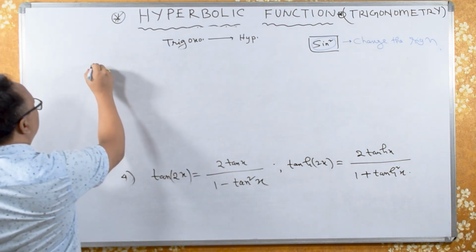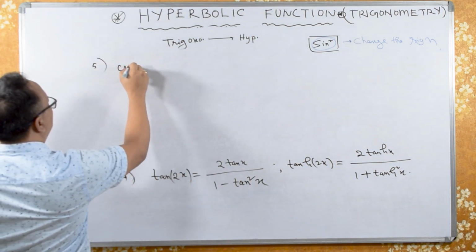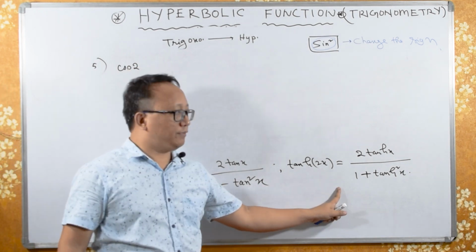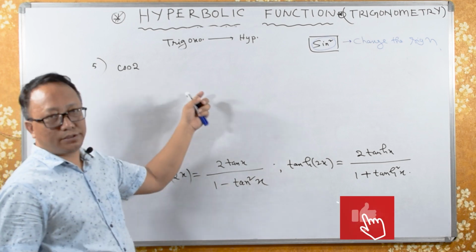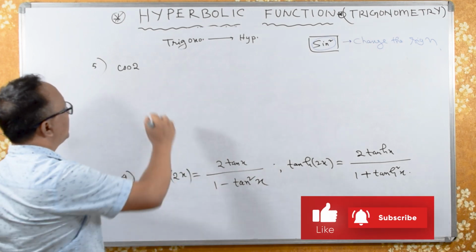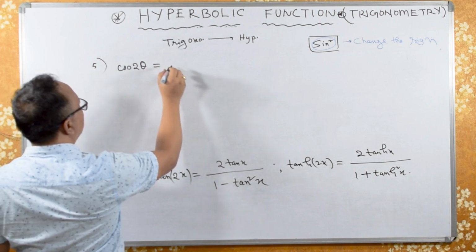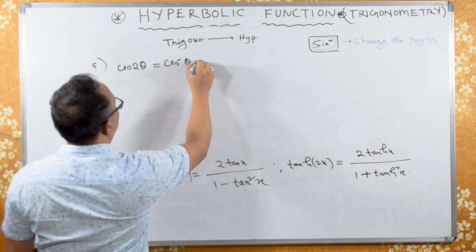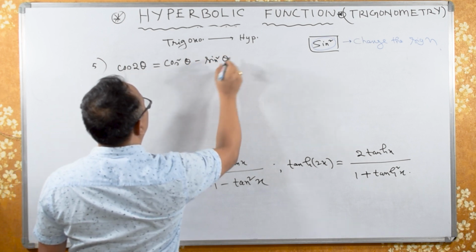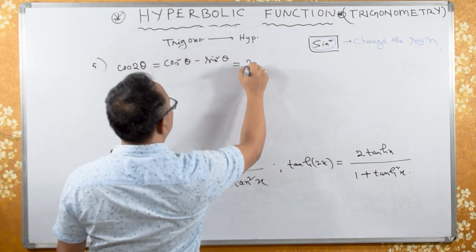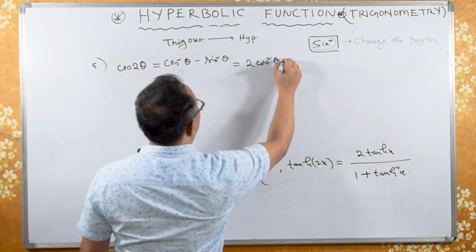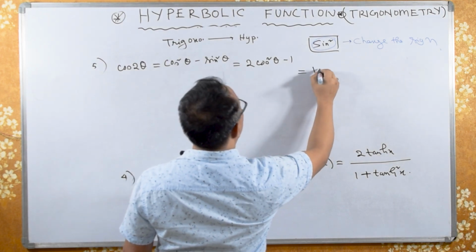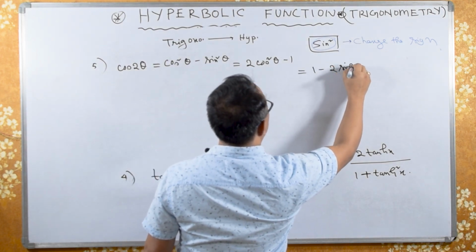Now the fifth: we have cos of 2 theta. x and theta are one and the same. If you want to write x, you can write x, or if you want to write theta, you can write theta. So cos of 2 theta is cos square theta minus sine square theta. Again, this can be written as 2 cos square theta minus 1, and this can be written as 1 minus 2 sine square theta.